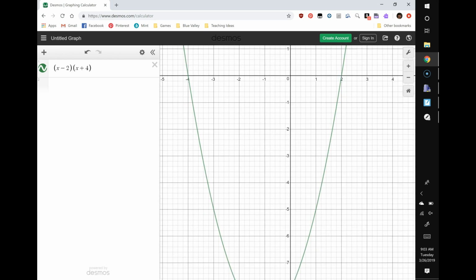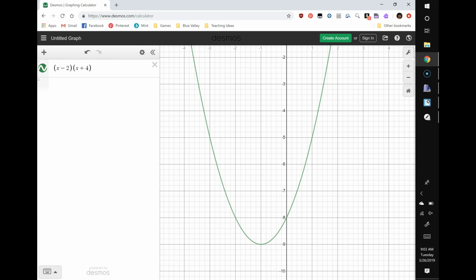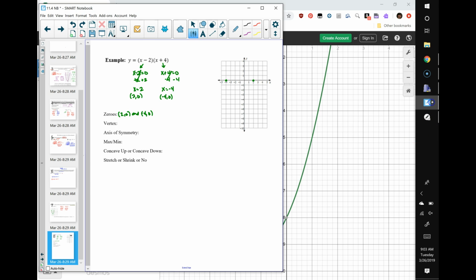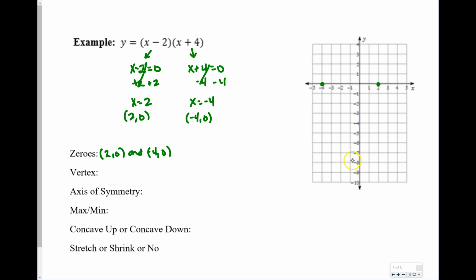Okay, I'm going to find my vertex. It's all the way down there at -1, -9. And I've got a y-intercept at -8. And then I've got 2 points on either side of that. So there's my graph.